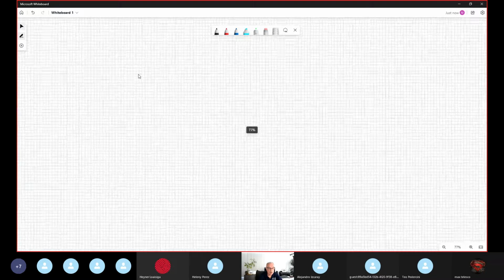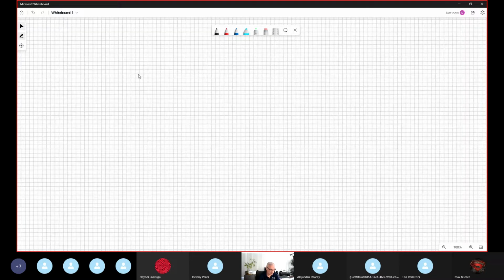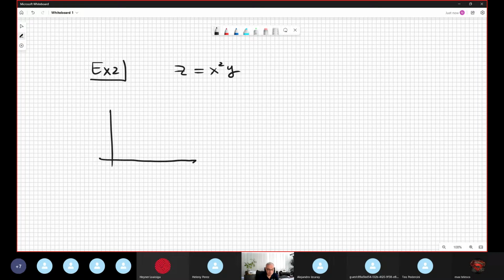But suppose one elementary example, very similar, to compute the volume again of the same function. This is example 2. So compute the volume again. The function is z equal x squared y, the same function, but the region changes. The region is not rectangular, it's triangular.